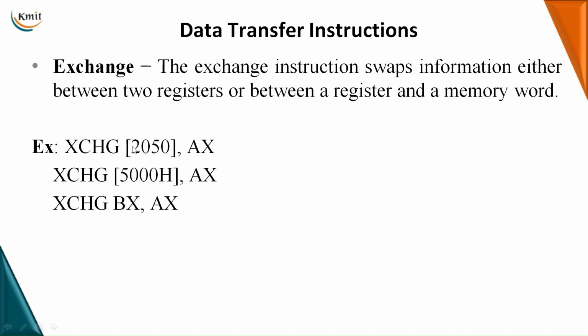When written in brackets, it means a memory location; otherwise it means a register. So the contents of the memory location specified by address 2050 and the contents of the register AX are swapped: the contents of AX are moved to this memory location and the contents of the memory location are moved to the AX register.